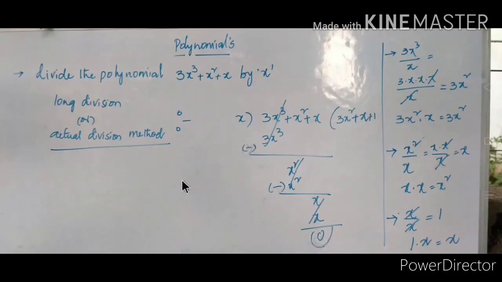That is 3x cube plus x square plus x is equal to x into 3x square plus x plus 1, plus 0. This is the final division fact.